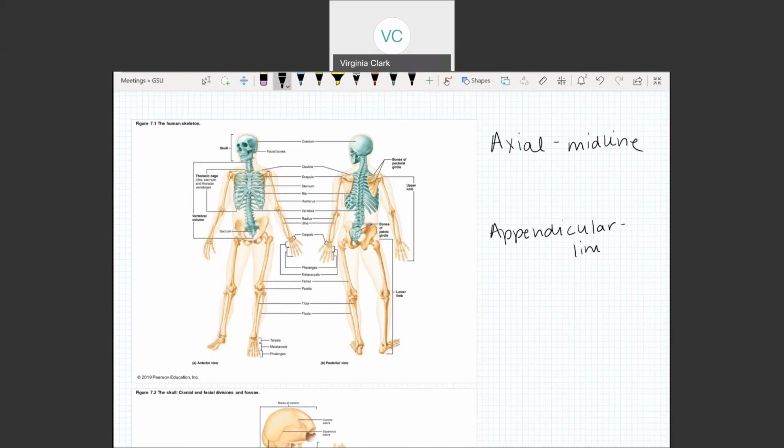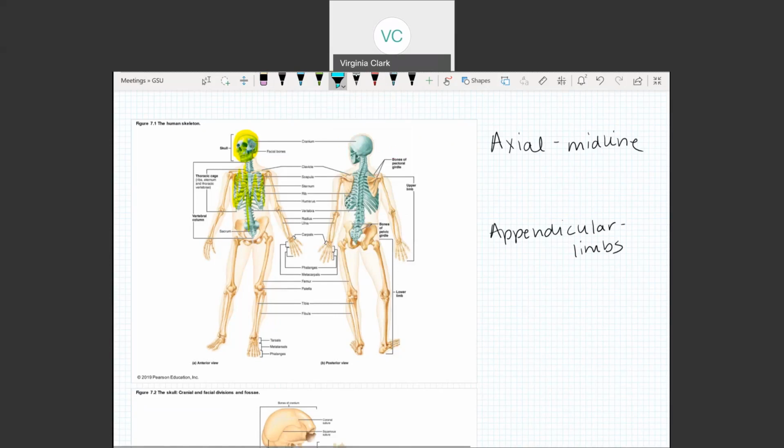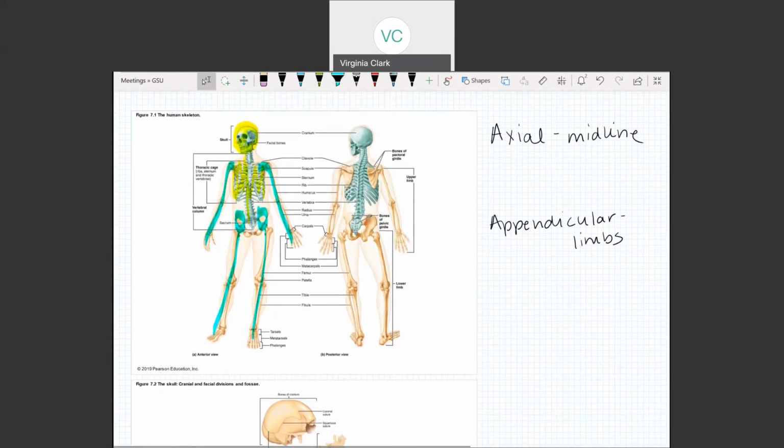As we're looking at this image right here, everything blue is the axial skeleton, whereas everything that is this other yellow color, all of the shoulders, arms, hips, and legs, is going to be the appendicular. You can kind of see that coloration on this guy right here.